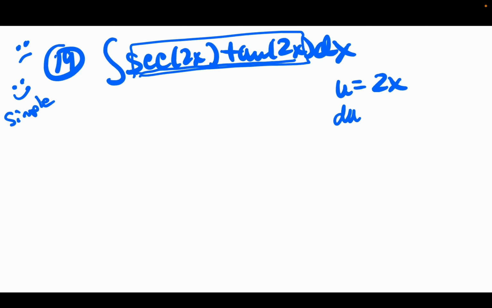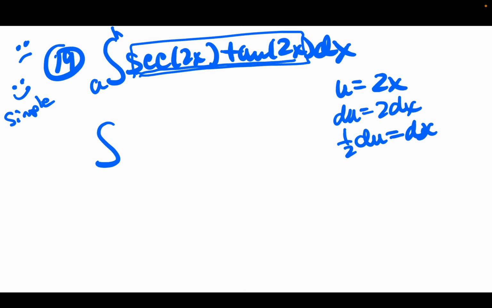So then I get du equals 2 dx, 1/2 du equals dx. If I had numbers, a definite integral instead of indefinite, I would fill these in and get new numbers. But I don't have that right now. It's an indefinite integral.